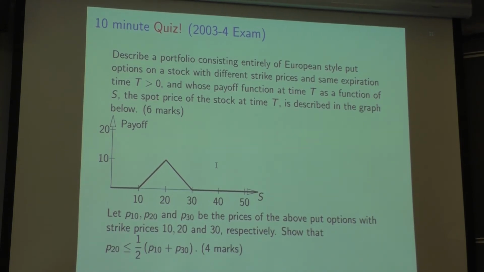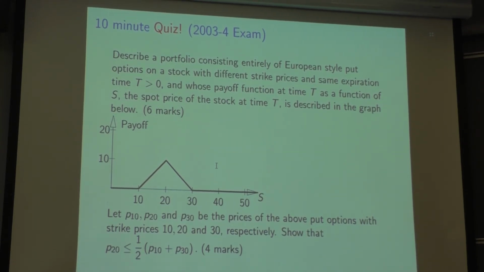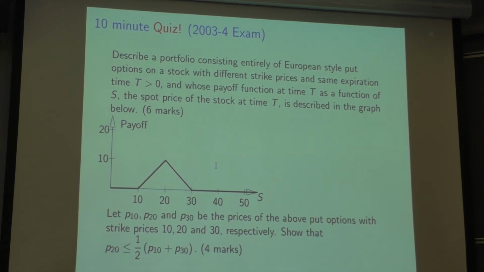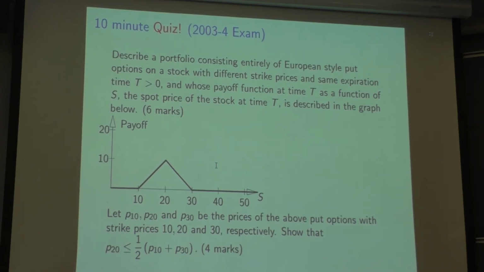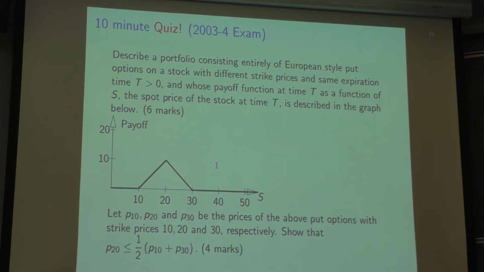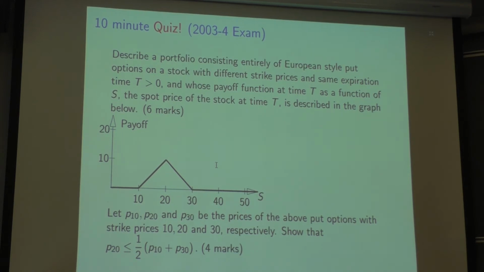We're trying to think of a portfolio which consists entirely of European-style put options on a stock, on shares in the company, say. The European puts are going to have different strike prices, but the same expiration time, capital T. You want to put together these put options to achieve, in a sense, the opposite of these triangles.